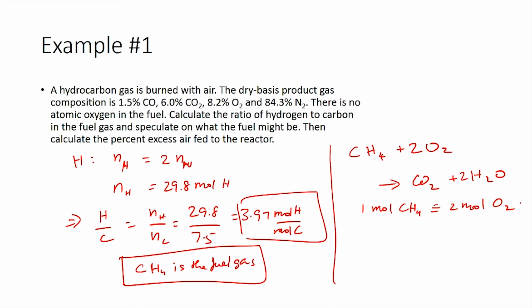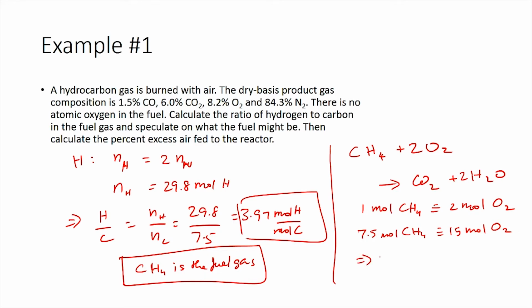From the calculations we have done, we know that 7.5 moles of carbon is entering, which means 7.5 moles of methane is also entering the system. So, for 7.5 moles of methane, you require 15 moles of oxygen.